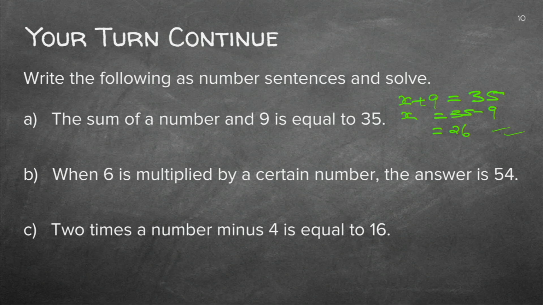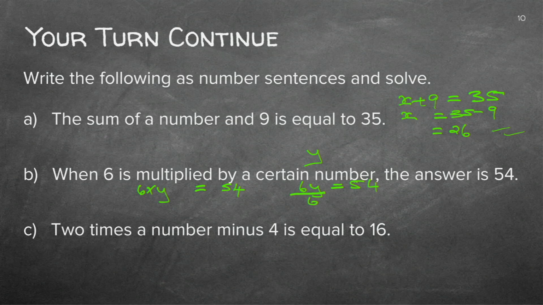The next one: when 6 is multiplied by a certain number, the answer is 54. So the certain number could be y. So 6 times y equals 54, right? So we can say 6y equals 54.